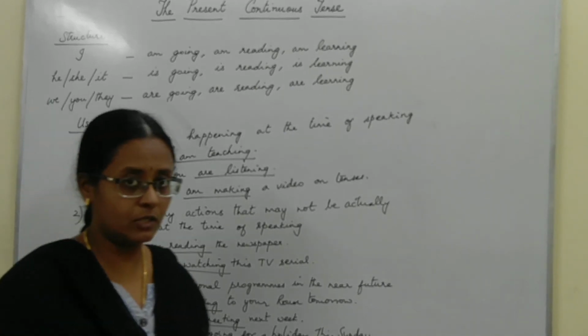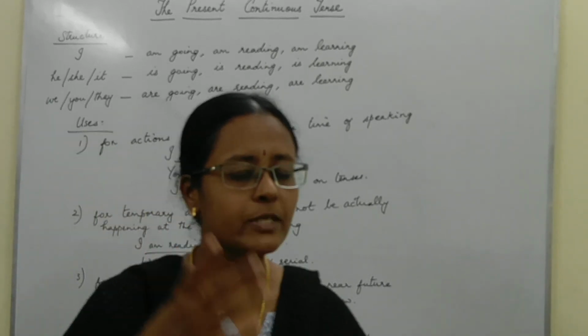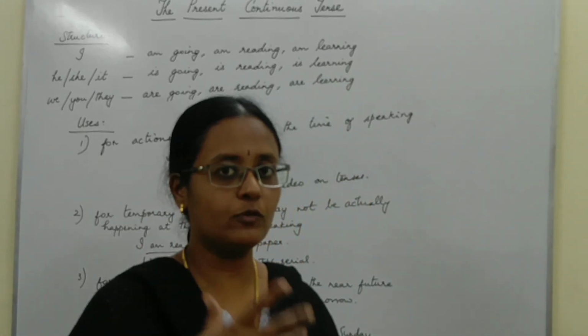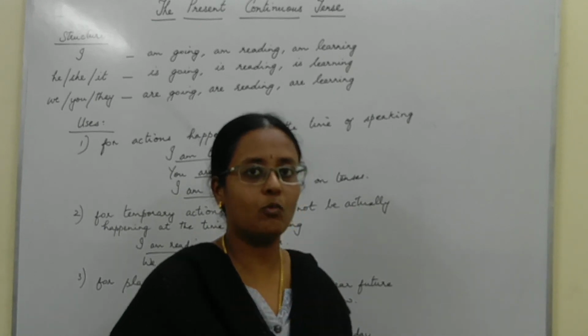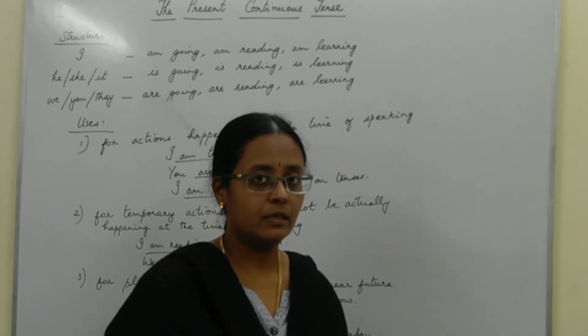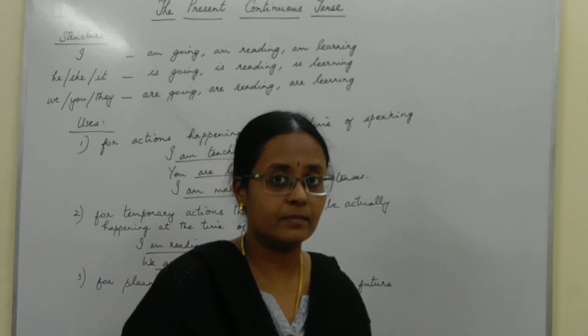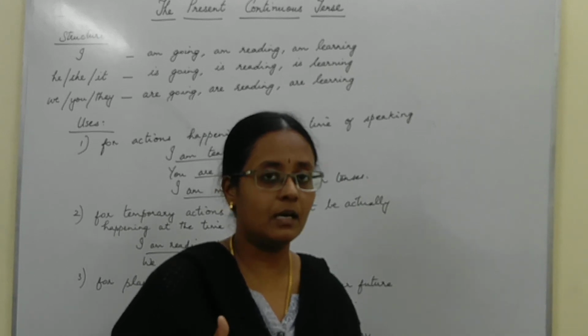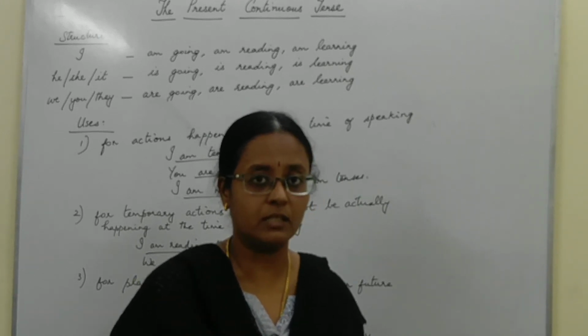And then we have the last use for obstinate habits, for persistent habits. In spite of repeated advice or warning, if somebody keeps on doing something, then we say, "He's always complaining, she's always crying. They are constantly quarreling with each other."